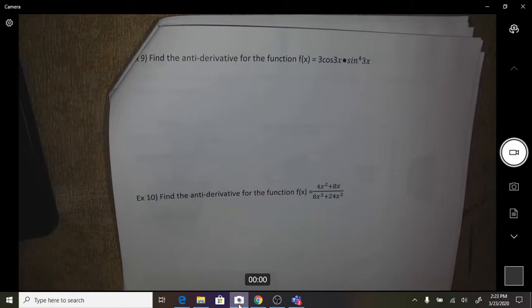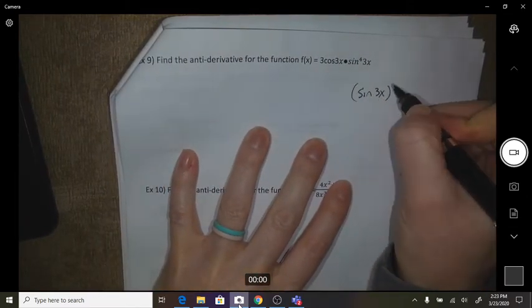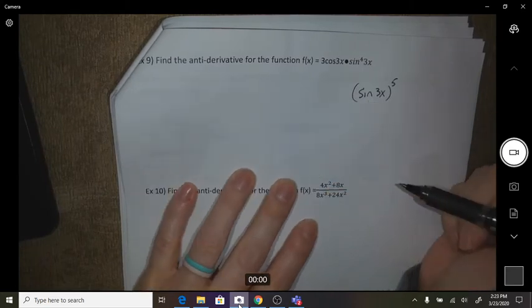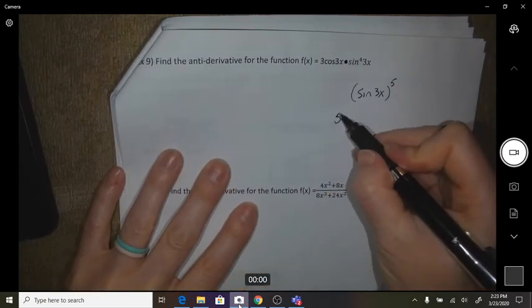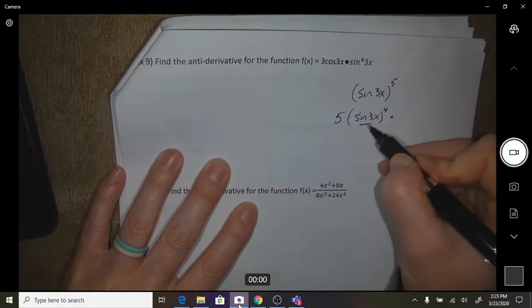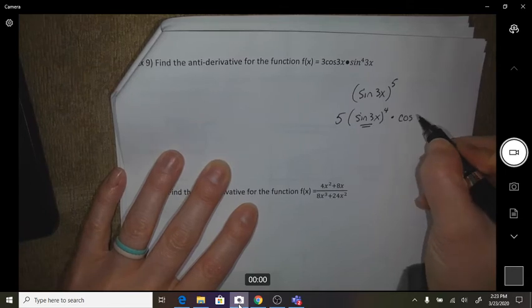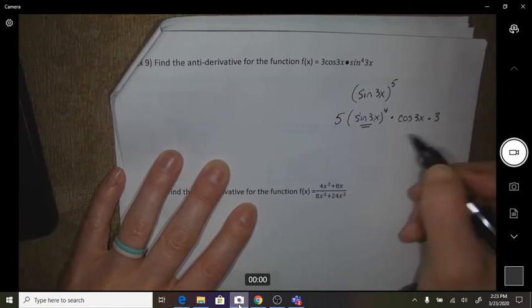Okay, next one. I would have started with a sine 3x to the 5th. Power chain rule: 5 sine 3x to the 4th times the derivative of that. The derivative of that is going to be cos 3x times 3.